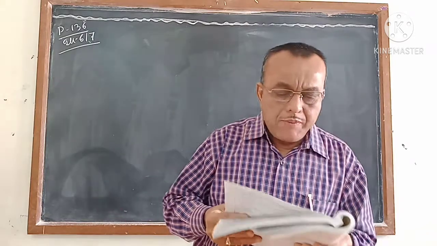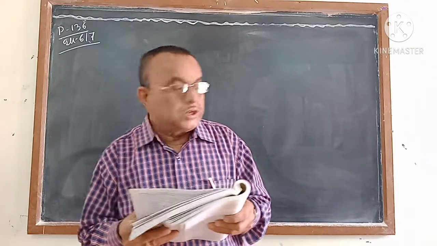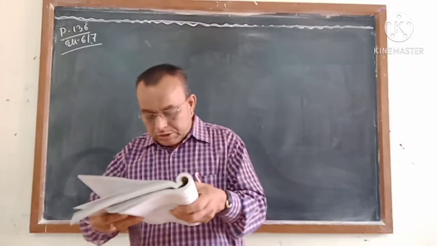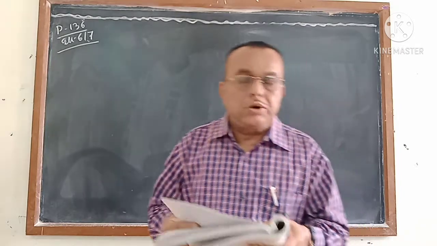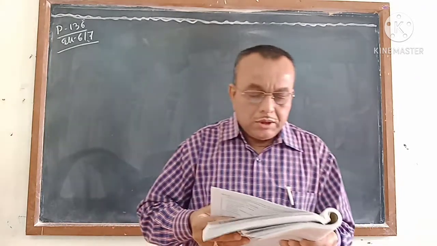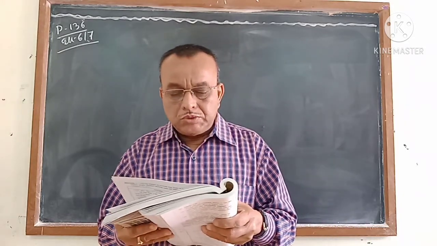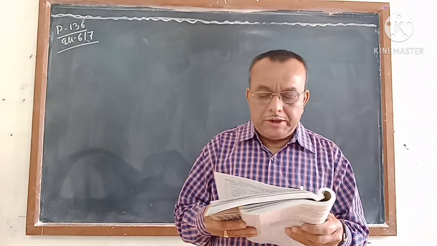One is A, fixed assets, that is tangible assets and intangible assets, what is called tangible assets and what is called intangible assets. That is also given in detail on page numbers 128, 129, 130 and 131, which I also told you. B is non-current investments, C is long-term loans and advances, and D is other non-current assets.